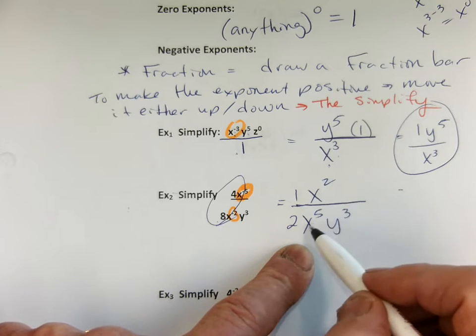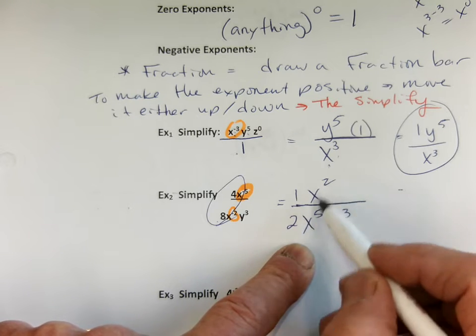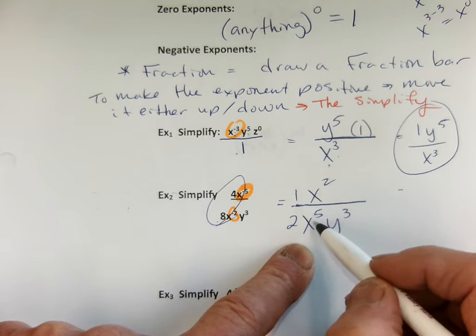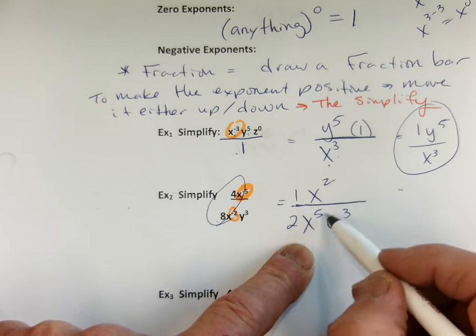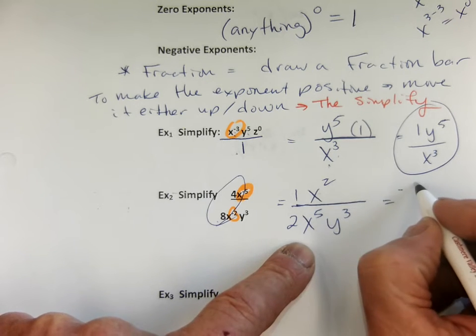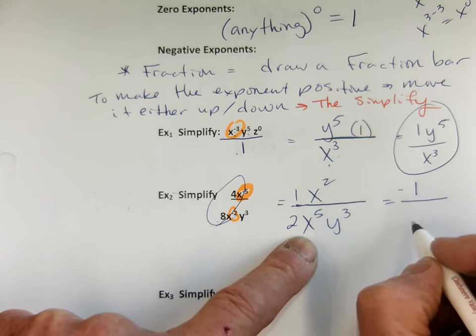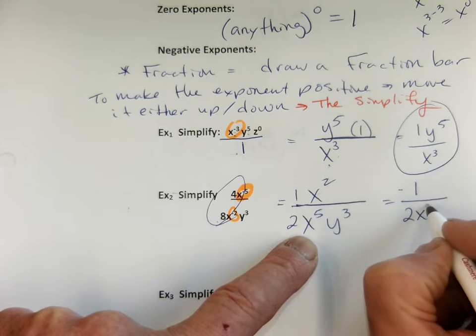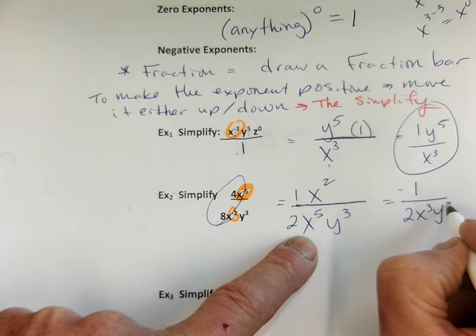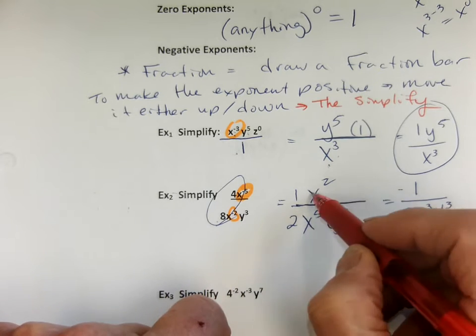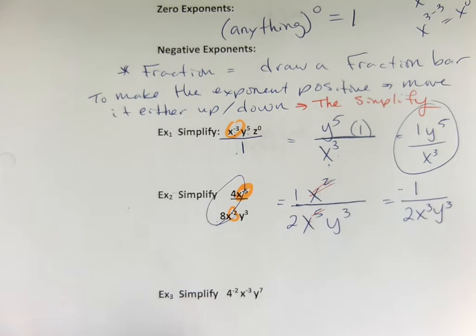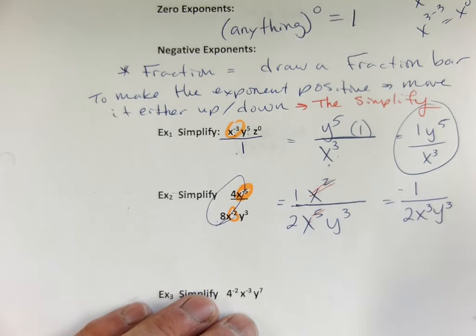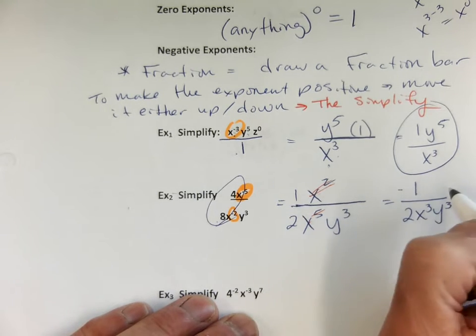How many x's would I have left? On the top or on the bottom? Good, because there's 2 of these, cancel 2 of these, so we'd have 3 left over. So my answer would be a 1 over a 2x cubed y cubed, because 2 of these cancel 2 of these, right? That's my answer. How am I doing? Okay, not bad? What do you think?